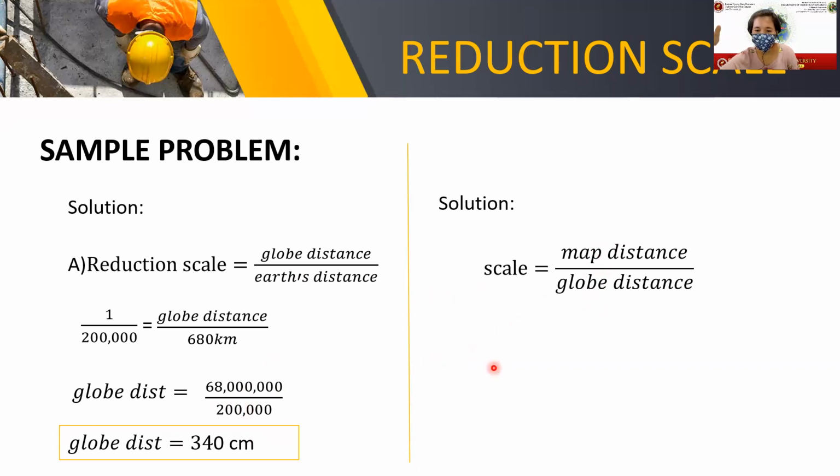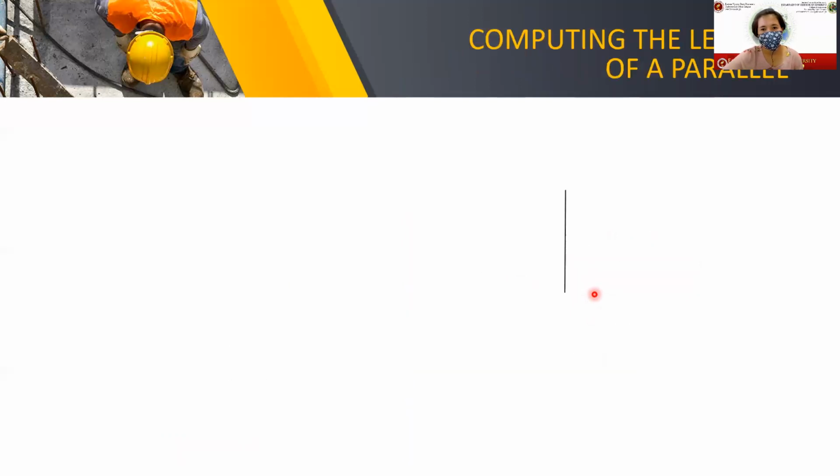So just substitute the values. We can have here 17.24 over 340. So the scale is 0.05. So this is almost equivalent to 1:100 or 1:50. Okay, so just employ this reduction formula. Okay, let's move to the next.